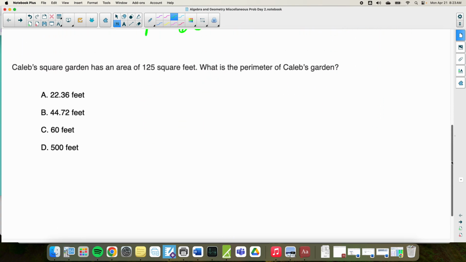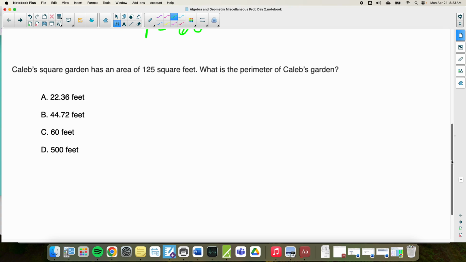Okay, this one says, Caleb's square garden has an area of 125 square feet. What is the perimeter of Caleb's garden? So we have a square garden where the area is 125. In a square garden, all four sides are equal.